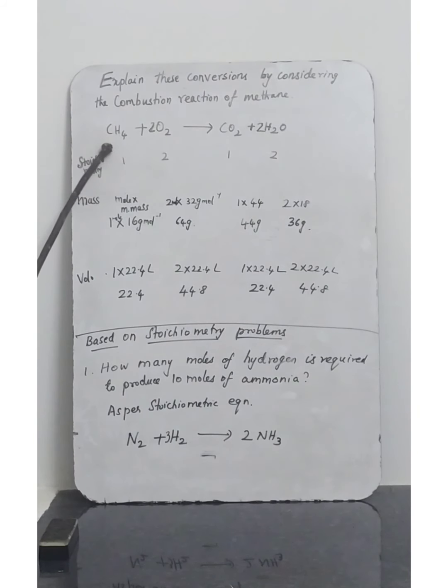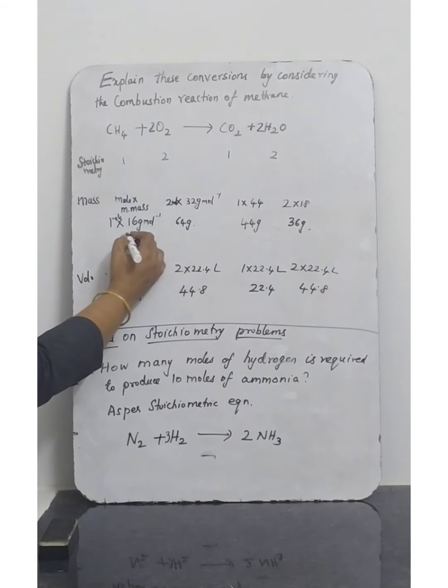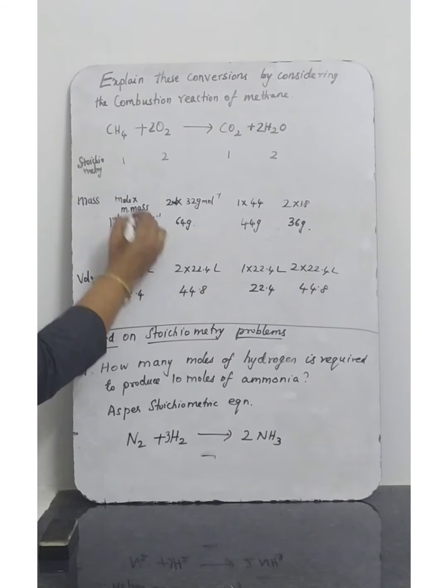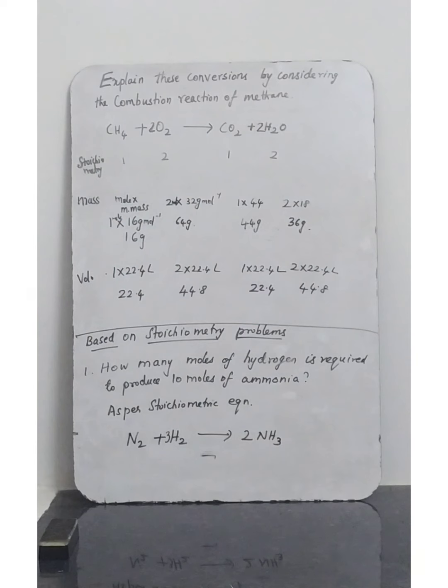So 12 plus 4 into 1, that is 16. So 1 mole into 16 gram per mole, the mole is cancelled, so the mass of methane is 16 gram.